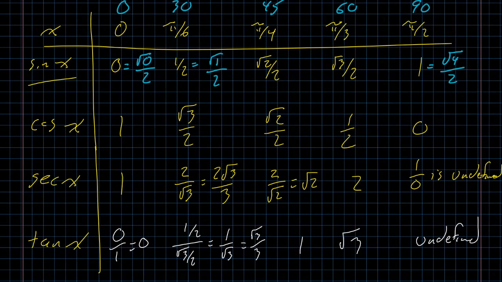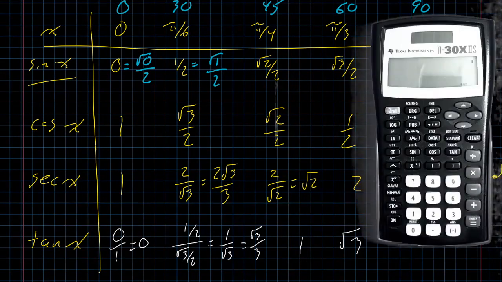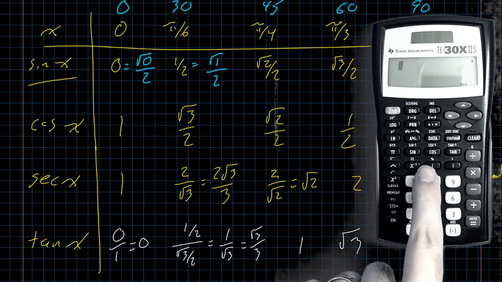Again, I'm not going to say that you need to have these memorized. You can use a calculator to figure these out, and I'm not going to ban you from using a calculator in this course. Just to show you what I mean, let's take sine of pi over 4.